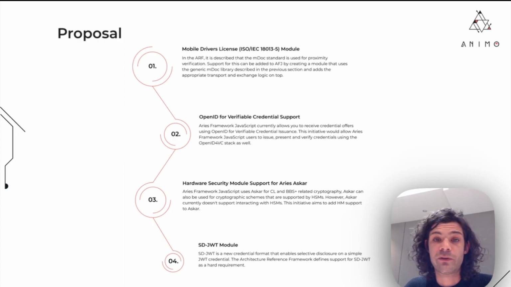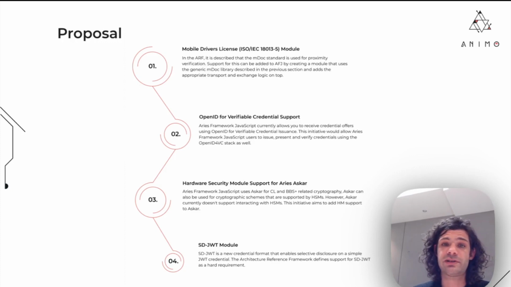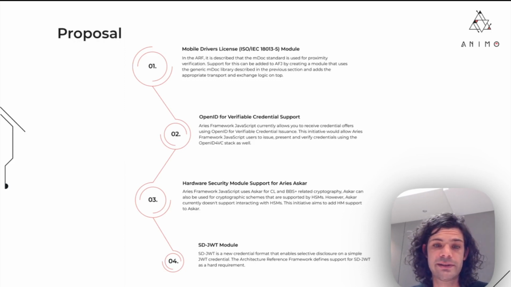It's a credential format as well as an exchange protocol that is required by the architecture reference framework and is especially used for proximity situations. So where I need to exchange credentials or credential information without an active internet connection, for instance.